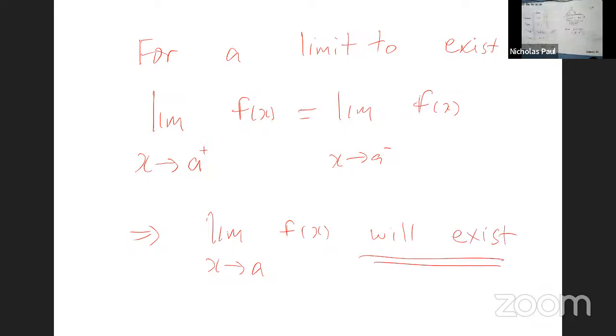That's very important. Please remember the positive sign is from the right, negative sign is from the left.